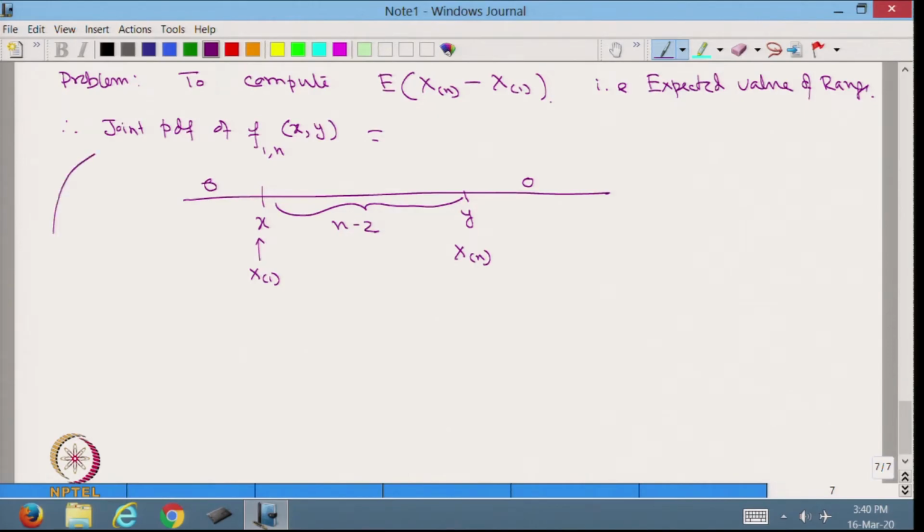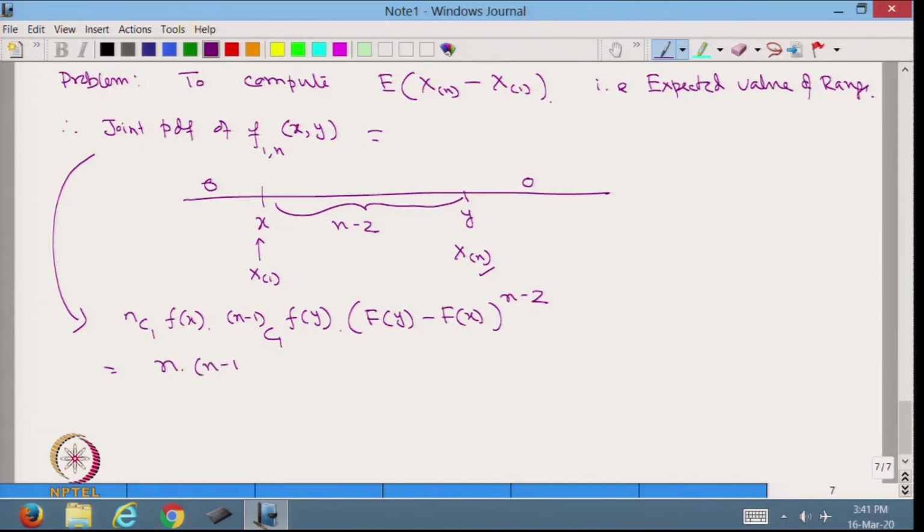Therefore, the joint PDF we can easily write as n choose 1 for f(x), out of the n minus 1, n minus 1 choose 1 that we put at f(y), multiplied by (F(y) minus F(x)) whole to the power n minus 2, which is equal to n into (n minus 1) into f(x) into f(y) into (F(y) minus F(x)) whole to the power n minus 2.